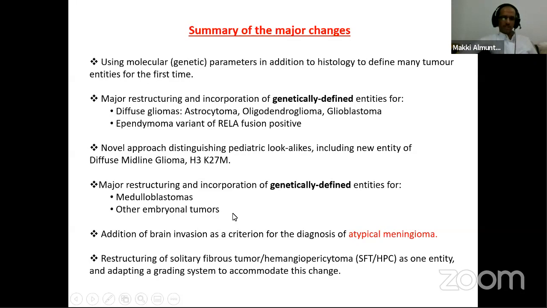In this edition, they added criteria to the diagnosis of atypical meningioma, and they added classification of solitary fibrous tumor and hemangiopericytoma compared to the previous edition.